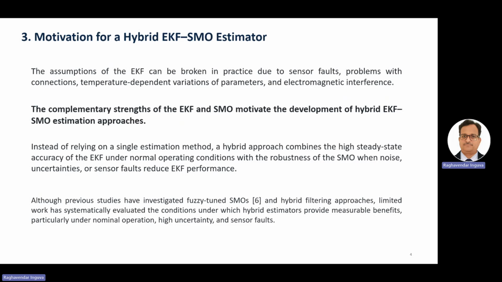How we do that is what we are going to discuss through the presentation today. While transitioning between EKF and SMO, we will go for a bumpless transition, which we will also discuss. So instead of relying on a single estimation method, we'll go for a hybrid approach where we use both EKF as well as SMO.